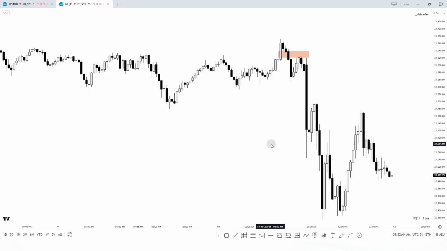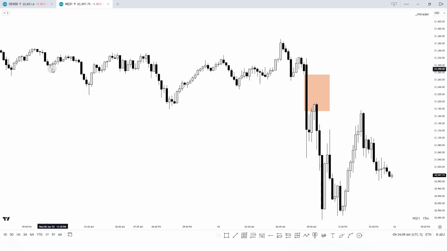If you're a beginner, I would highly recommend you to just focus on one array, which is the fair value gap, or the SIBI, which is just an aggressive fair value gap. Tape read these levels, see how price reacts to them, see how price is moving in accordance to the gaps.